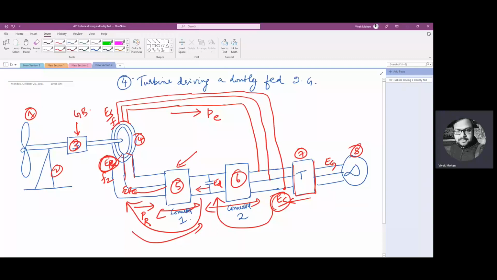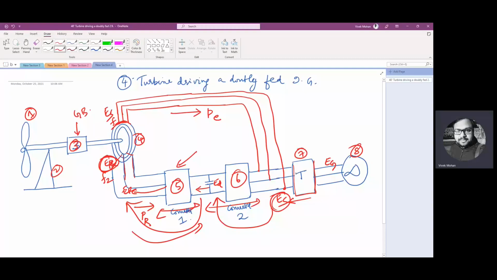Now the stator of the wound rotor induction generator is connected directly to the power line, whose frequency F, let it be 50 Hertz or 60 Hertz.